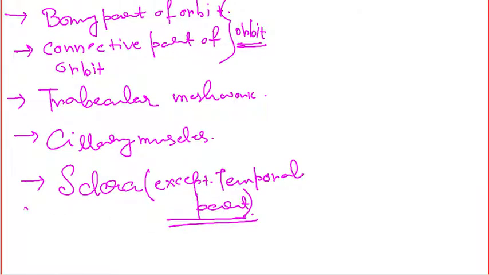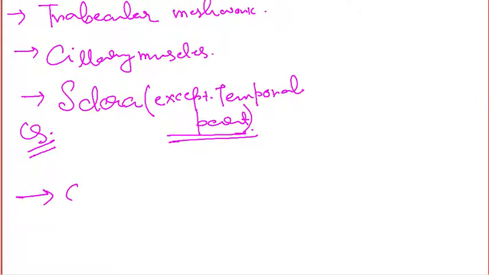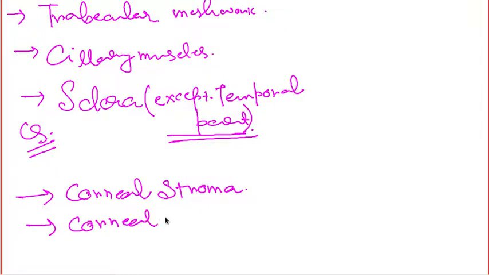very important question. Okay, now the other structures are corneal stroma and corneal endothelium.